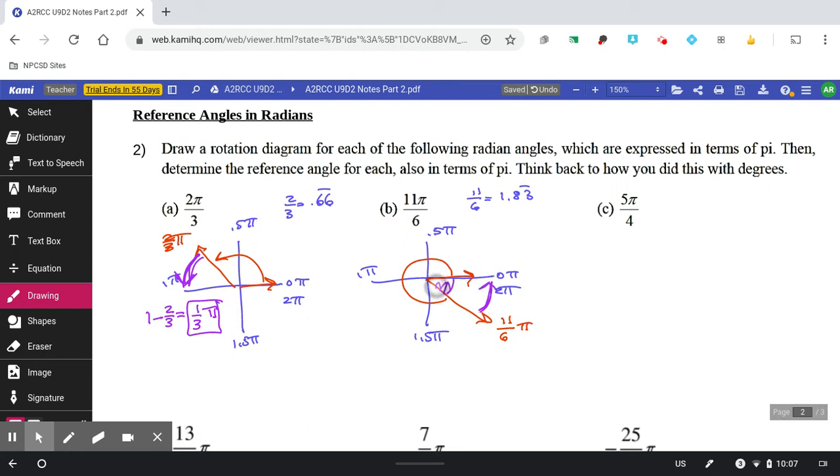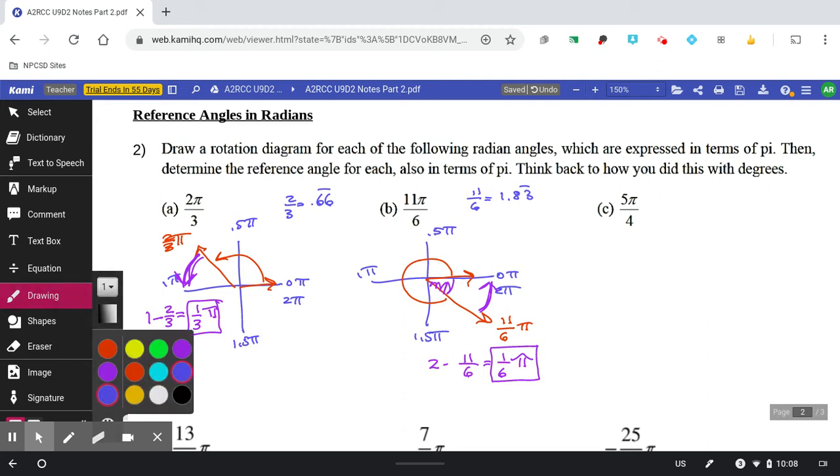So this is my reference angle in here. And I'm going to go ahead and say 2 minus 11/6 is equal to 1/6. So the answer is 1/6 pi. That would be the reference angle. If we added another 1/6, we would get to 2 pi. Okay, so let's take the next one.